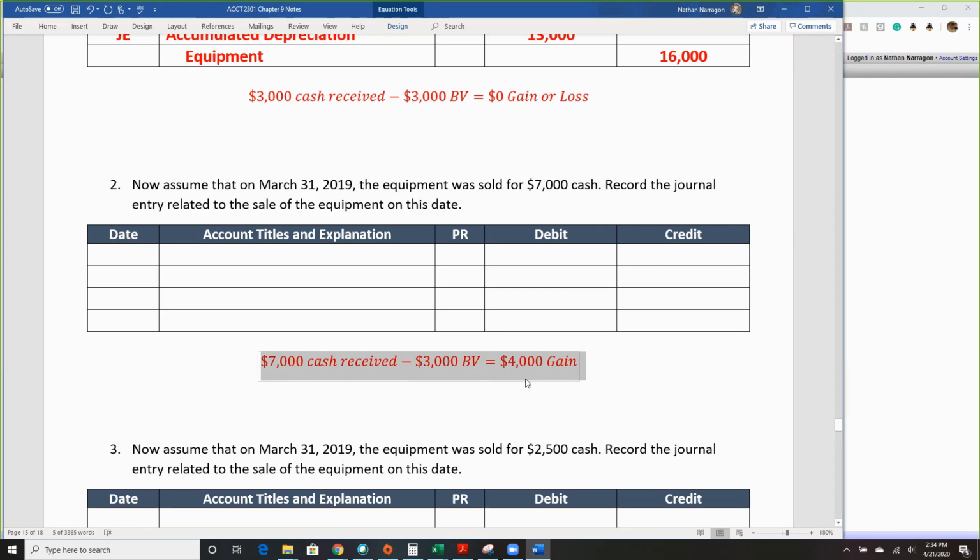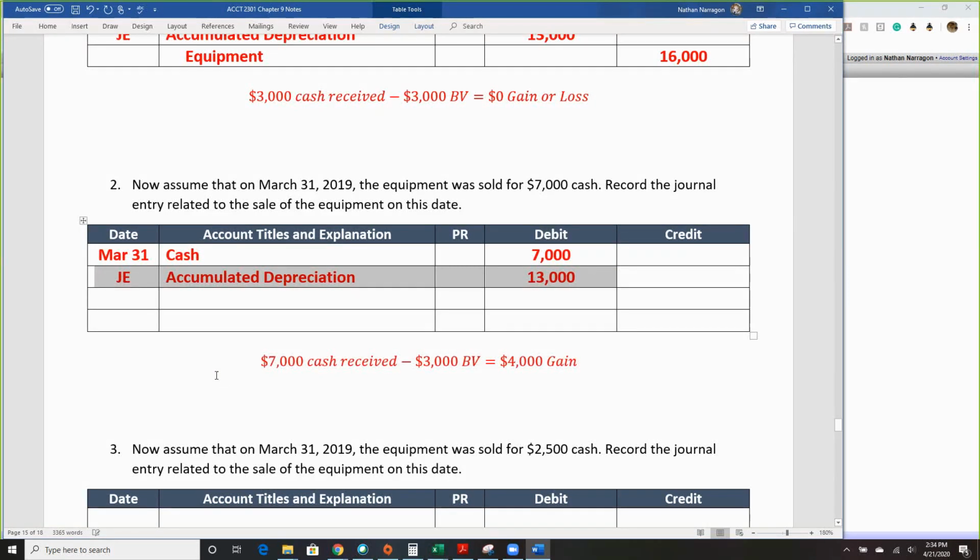So when we make the journal entry, again, debit cash for $7,000, debit accumulated depreciation for the total accumulated depreciation.